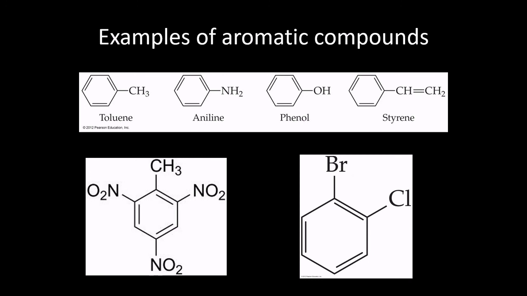And there are lots of different kinds of these ring structures, and different names that we apply to these different kinds of ring structures. So this would be called toluene, because we have a methyl group attached to a ring. This is aniline, phenol, styrene. You've probably heard of all those things, or at least maybe at some point heard of them, and it's bringing back memories of hearing those terms. But all these different things are just, in general, called aromatic compounds.